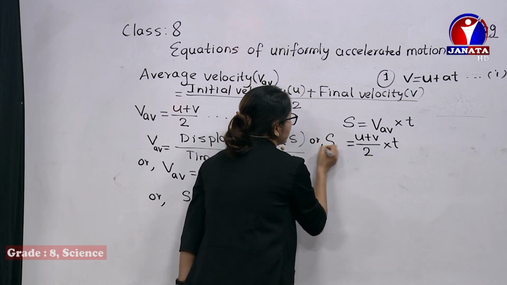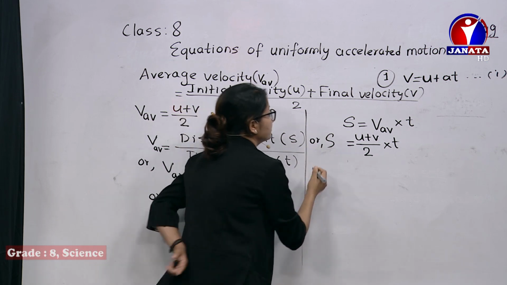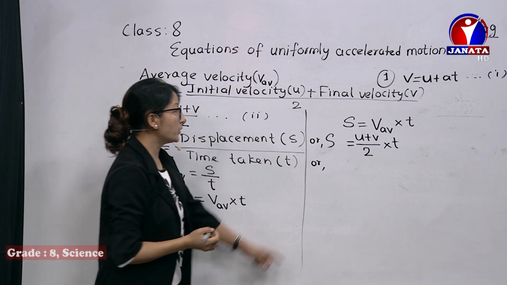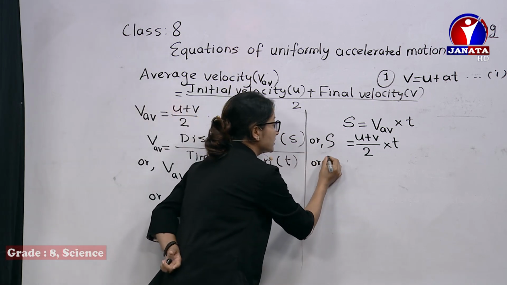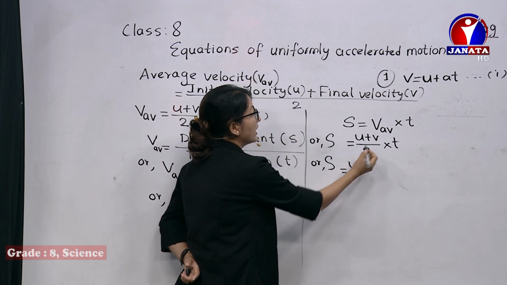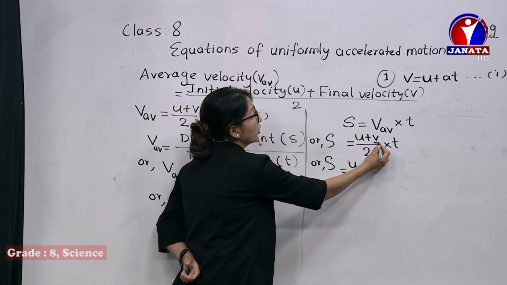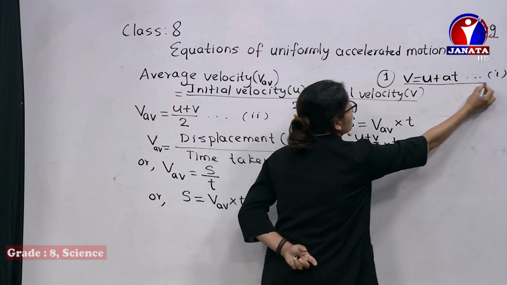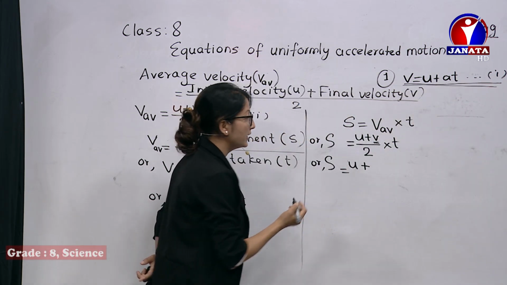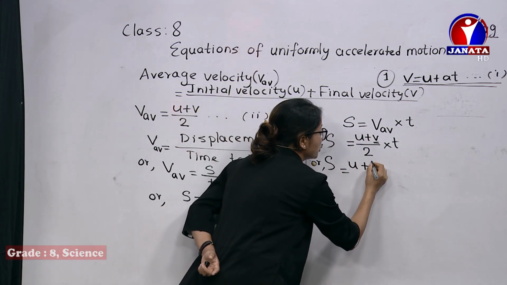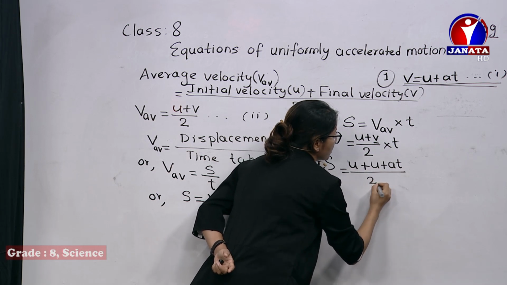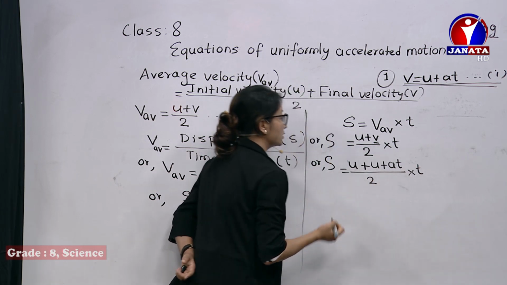Now what do we have? S is equal to u plus, and now let's change the value of v. We have already kept in equation 1, v's value is u plus at. So let's give v's value as u plus at, over 2 into t.